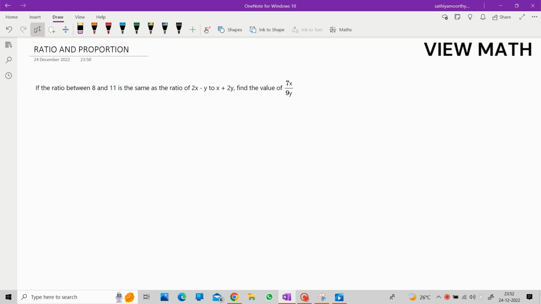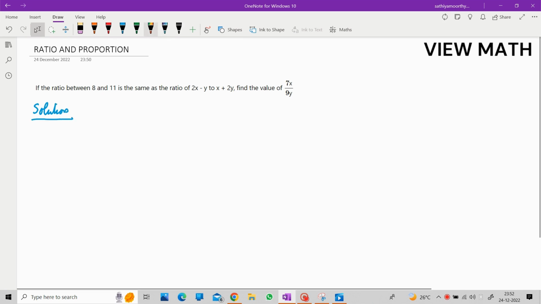Let's see the next problem. If the ratio between 8 and 11 is the same as the ratio of 2x minus y to x plus 2y, find the value of 7x by 9y. So what is given is the ratio between 8 and 11 is same as the ratio of 2x minus y to x plus 2y.